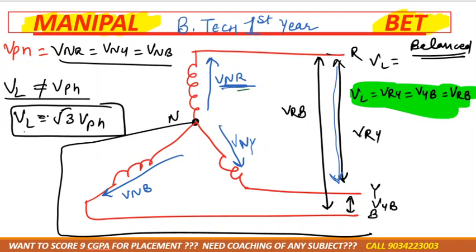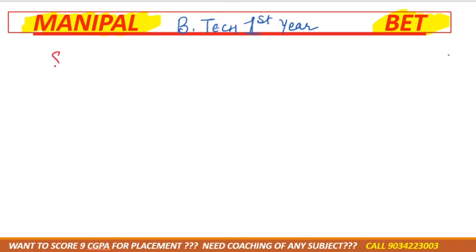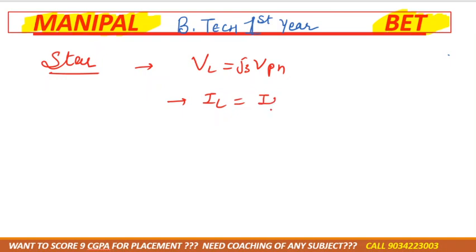So VL is equal to √3 of VPH. Okay, understood? So what we conclude finally, that in the case of star connection, VL is equal to √3 of VPH and line current is always equal to the phase current. This you have to remember from numerical point of view.